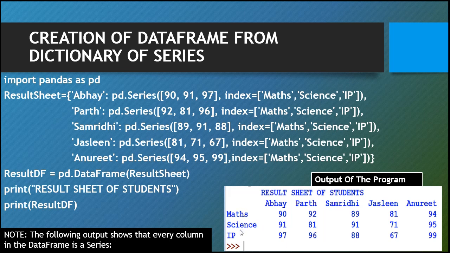So it makes the first column for Abhay with 3 different rows: maths, science and IP. In a similar way, it is showing the record of Parth. Then the third column is for Samriddhi, the fourth column is for Jasleen and the fifth column is for Anureed.